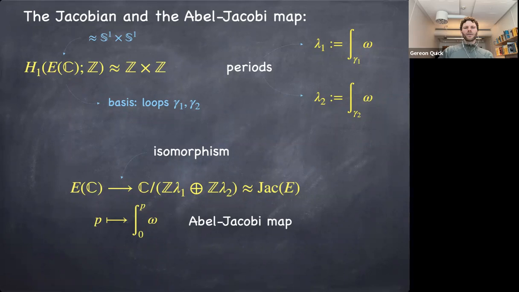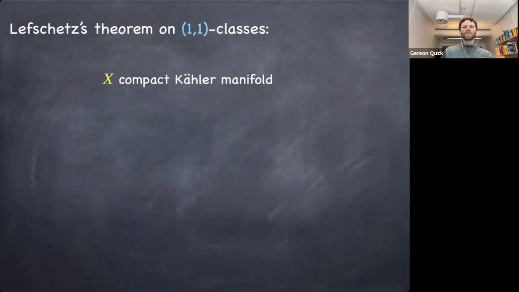Okay, so I would like to look at Lefschetz's theorem on 1-1 classes, where we now assume that we take X to be a compact Kähler manifold. And you have all seen this theorem. Let me just remind you briefly of what it says.